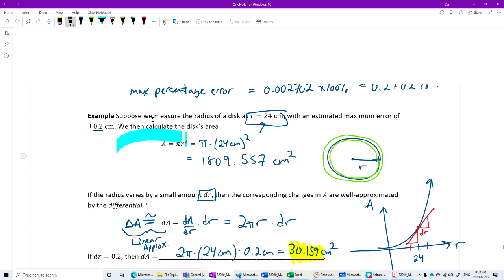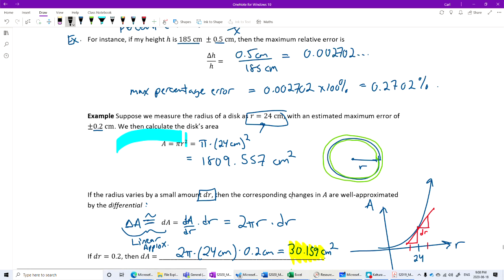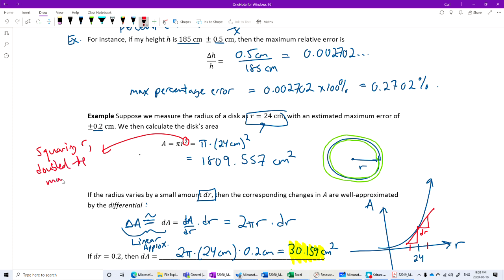So squaring R doubled the maximum relative error. Maybe you can imagine, what if it was R cubed? Then I would triple the maximum relative error. So we're going to see an example like that in a second.